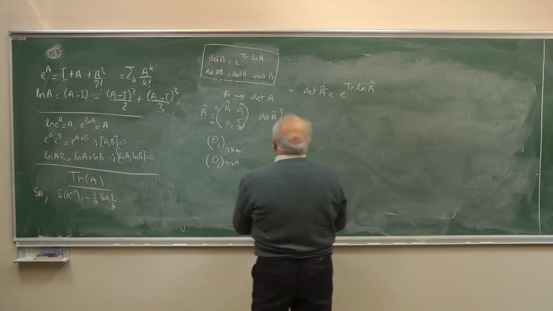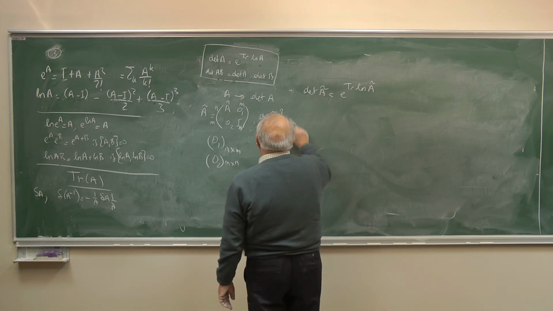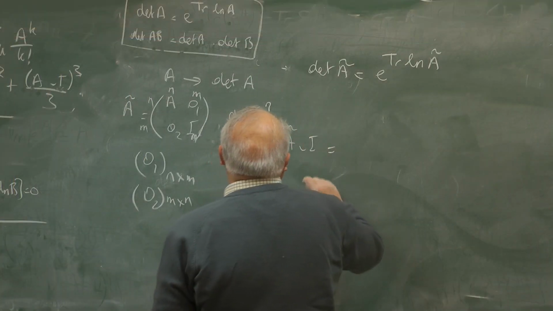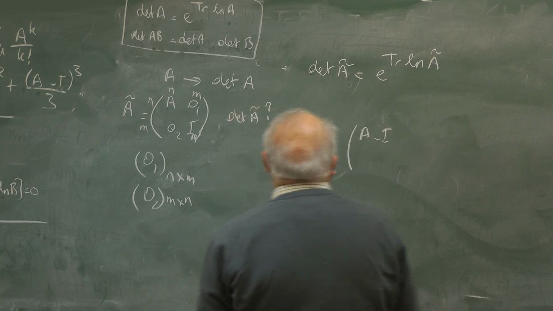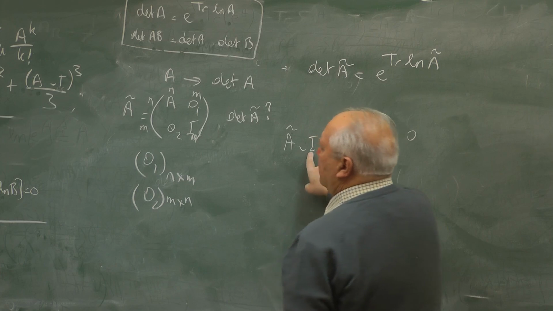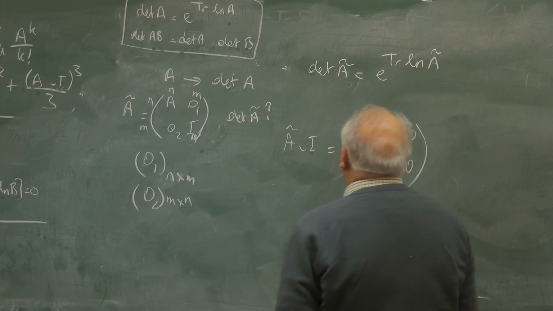So if you subtract it out, A tilde minus I will be A minus I in the n by n part, 0, 0, and the lower part will cancel. So you will have 0.